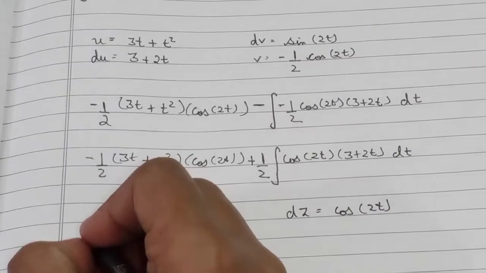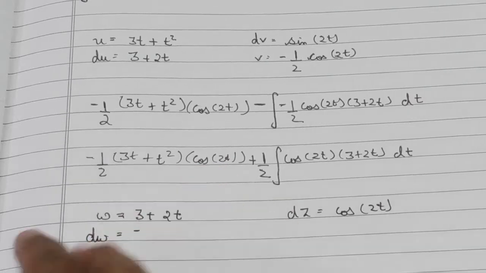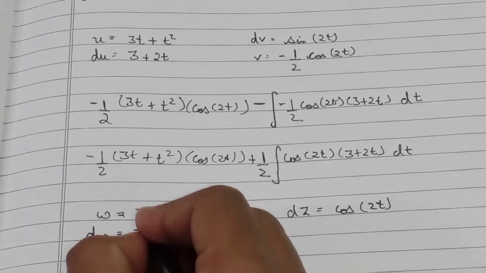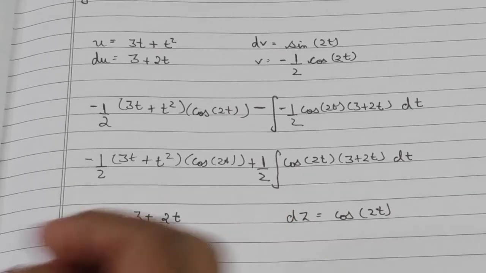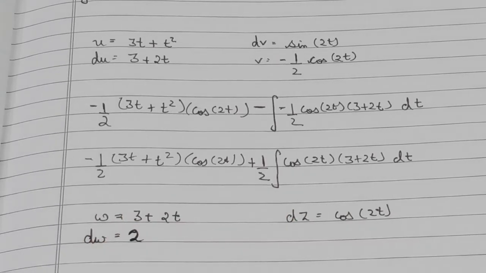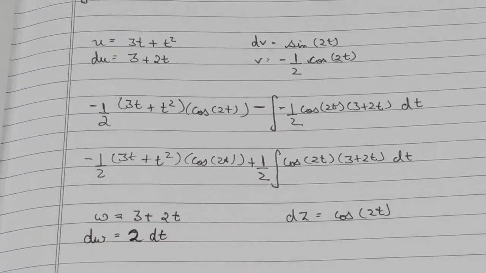Differentiate this, we get dw equals, 3 becomes 0, and for 2t we get 2, and we have dt with us, so this is 2 dt.